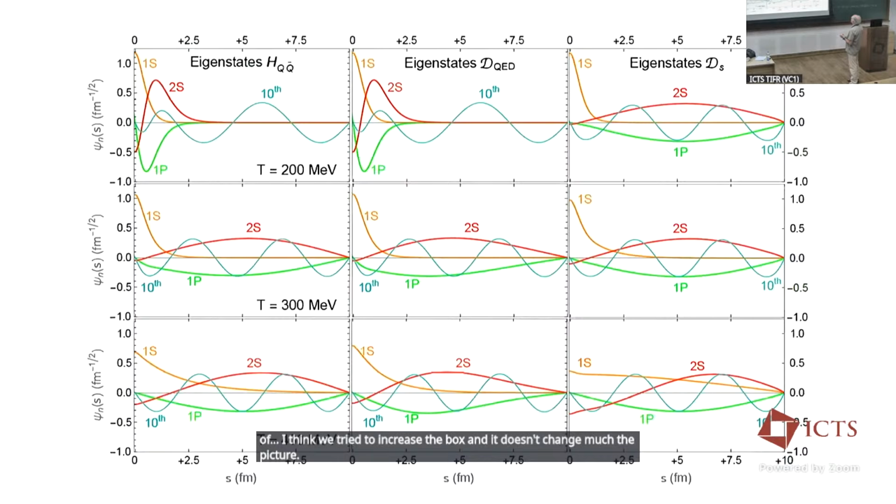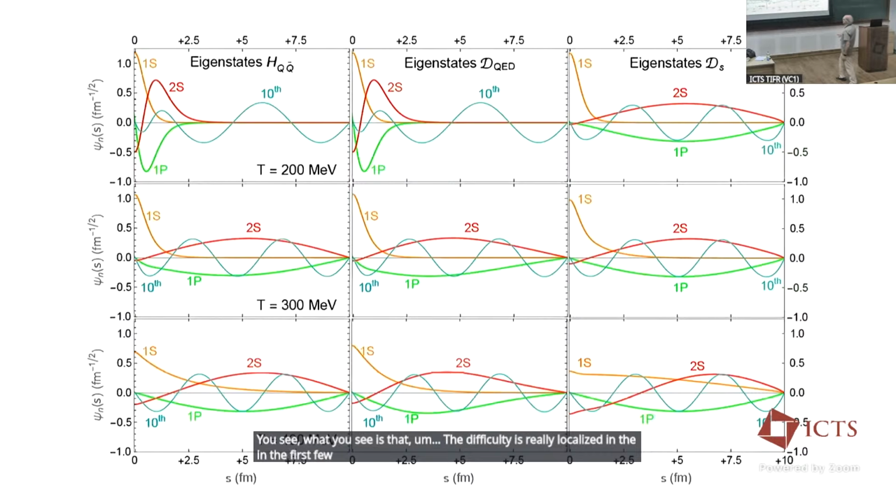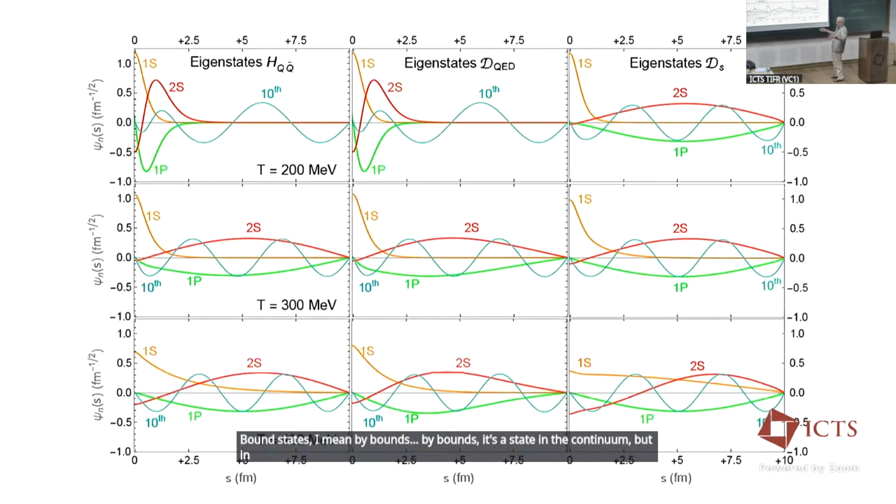You see, the difficulty is really localized in the first few bound states. You see, this blue curve here is a tense bound state. I mean, by bound, it's a state in the continuum, but in the box. So this is a discrete state. Okay, and you see they are not too different.